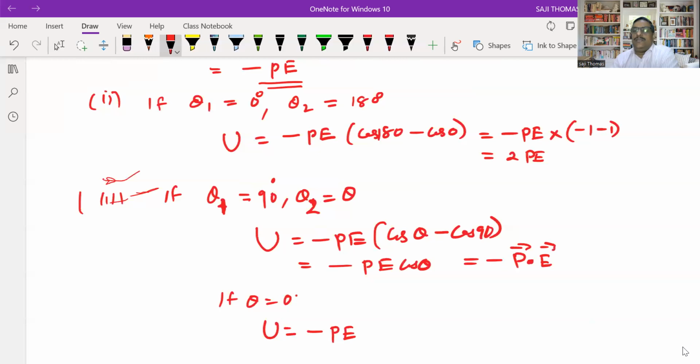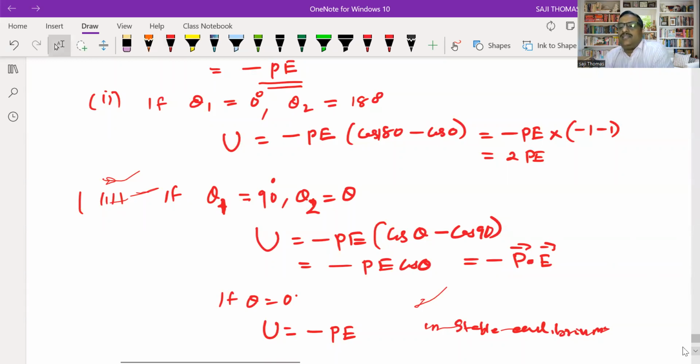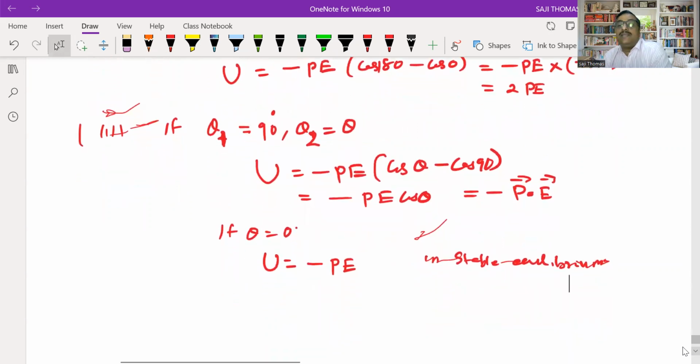So U is minus P E. So here the dipole is parallel to the electric field. Potential energy is minus P E. You can see potential energy is negative. Dipole is in stable equilibrium. So if the dipole is making an angle zero or it is parallel to the electric field, the dipole will be in stable equilibrium.